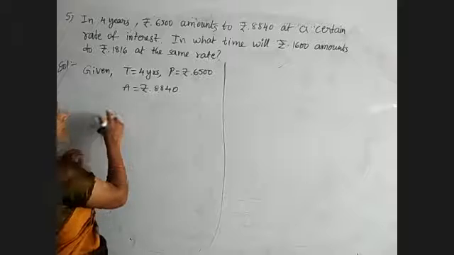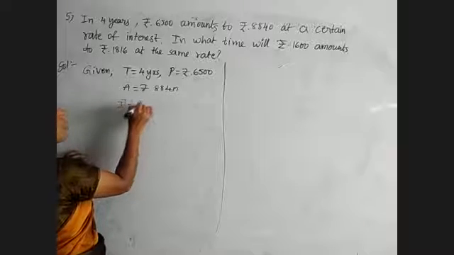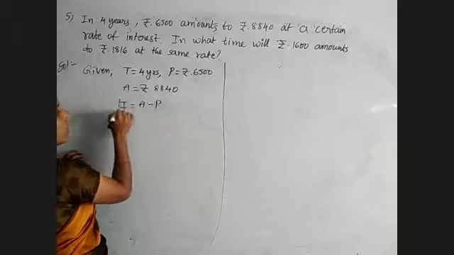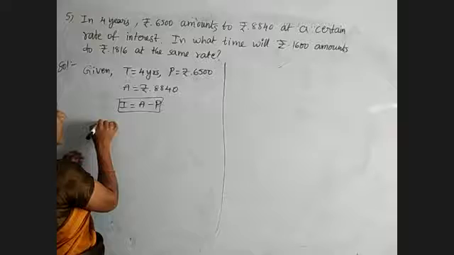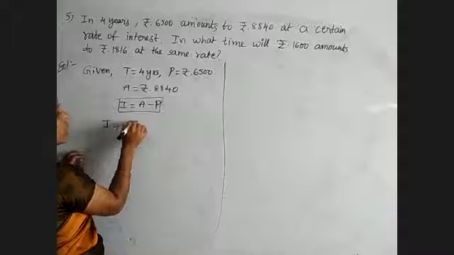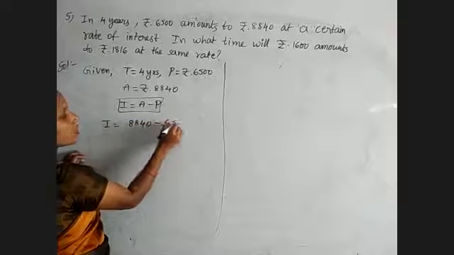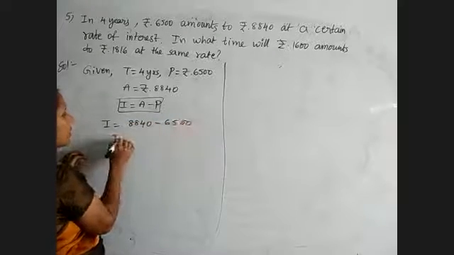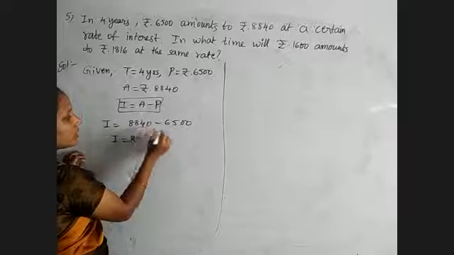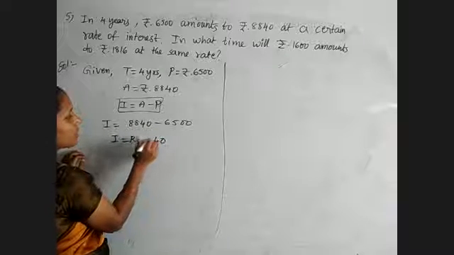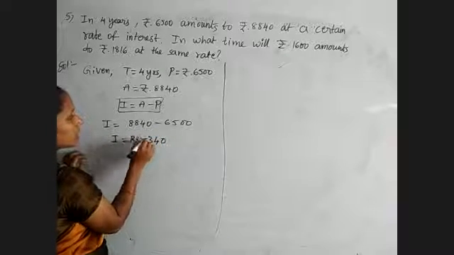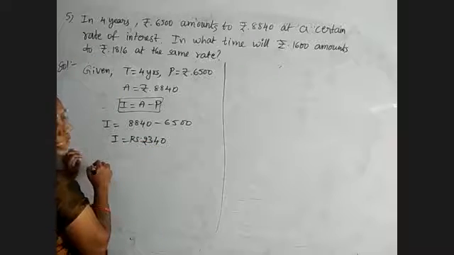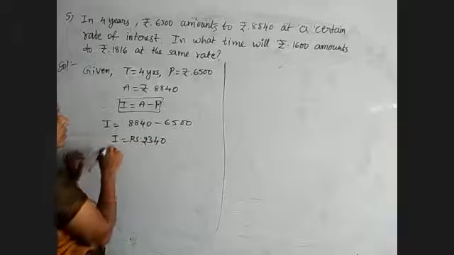So find out I. So we have I is equal to amount minus principal. So I will be equal to 8,840 minus 6,500 rupees. That will be equal to 0, 4, 8 minus 5 is 3, 8 minus 6 is 2, 2,340. Okay.